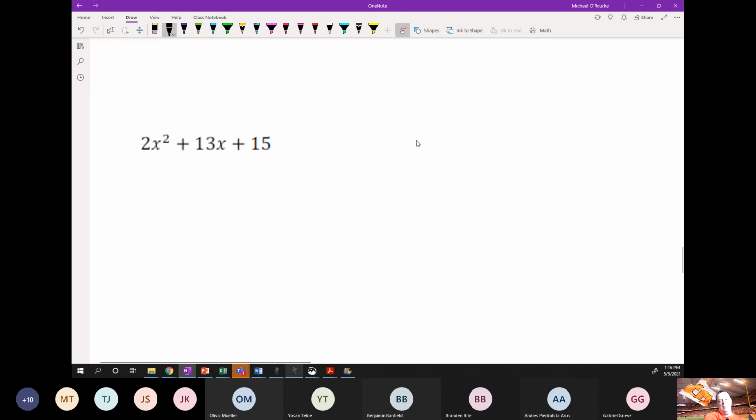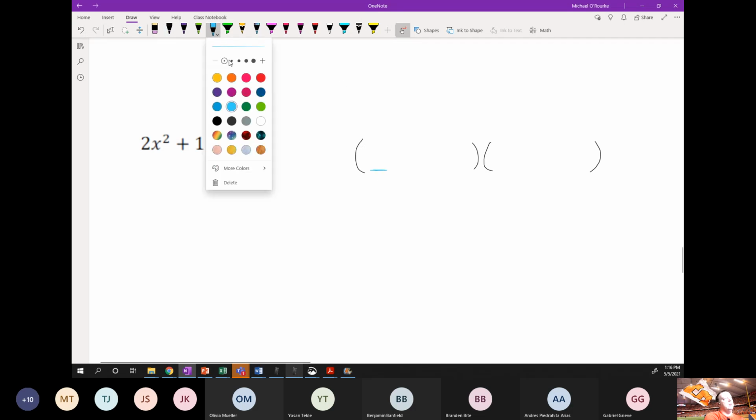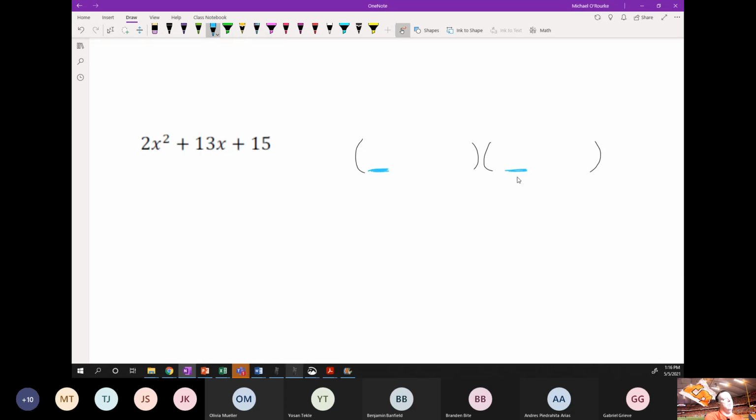So let's try this again. I'm going to make this a little bit bigger for you. So we need two things that multiply together to get 2x squared. So what can we multiply together to get 2x squared?